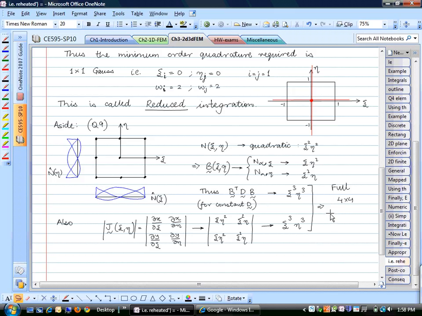If you have n points, 2n minus 1 is the order of polynomial that you can integrate exactly. So 2 times 4 minus 1 is 7, which means order 7 is integrated exactly, which also means order 6 is integrated exactly. And what about reduced integration? How many Gauss points do I need for reduced integration? So what would I need to integrate exactly for reduced integration? Only the Jacobian I need to integrate exactly, which means cubic I need to integrate exactly, which means 2 cross 2.